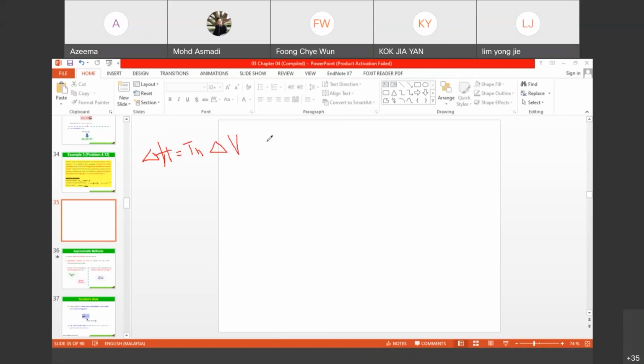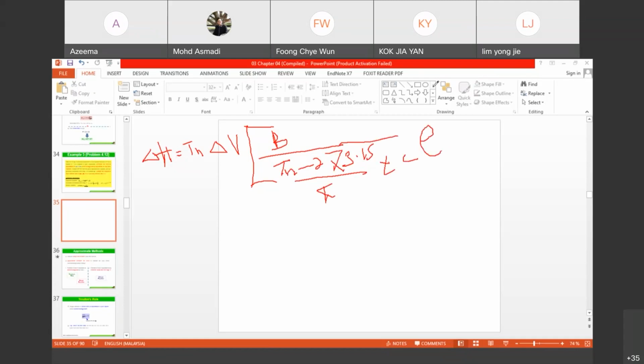Delta V is from the dP/dT, right? Delta V divided by Tn minus 273, plus C. Then exponent again. Write the exponent.